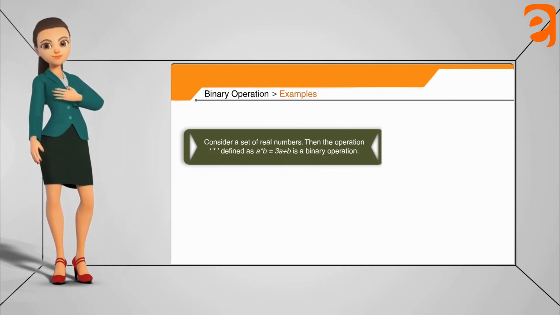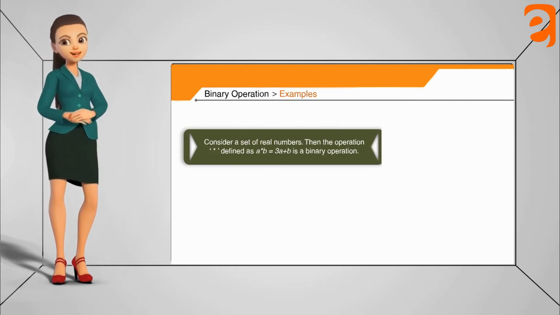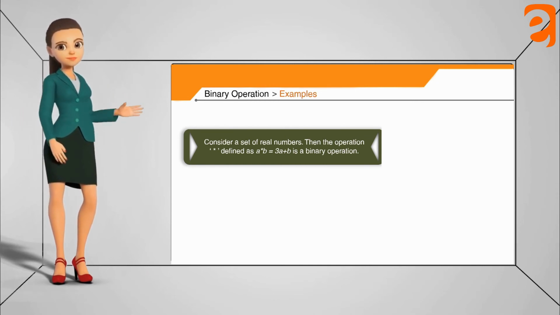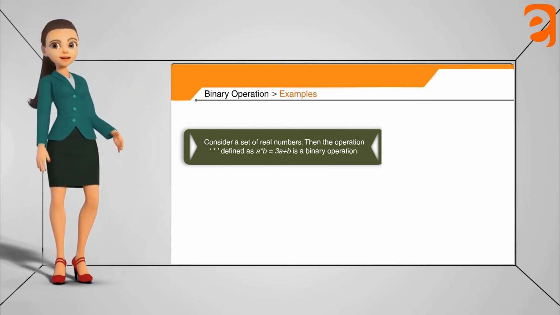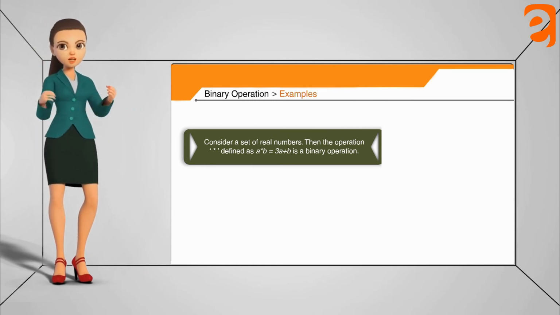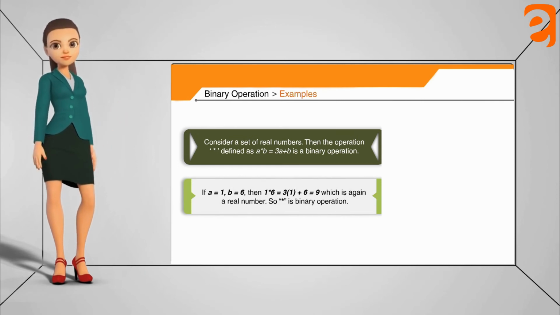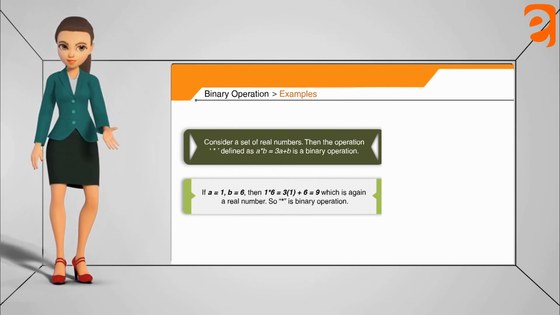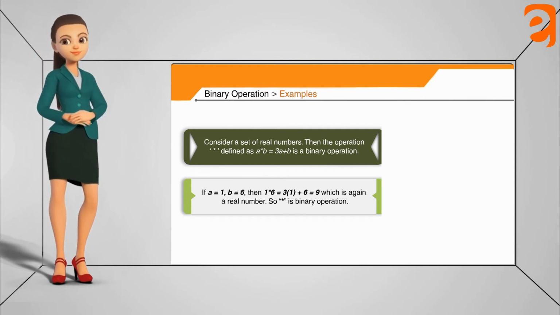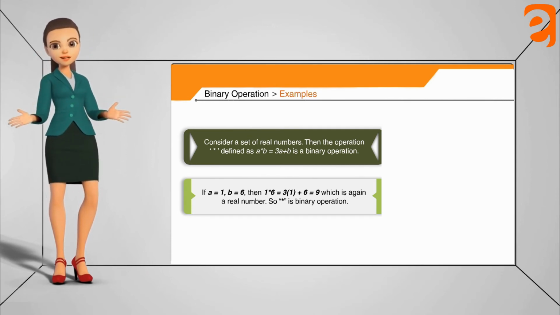Let's look at another example. Consider the set of real numbers, and define the operation a star b equal to 3a plus b. We will show that this operation defined on the set of real numbers is actually a binary operation. Consider the special case of a equal to 1 and b equal to 6. So 3 into 1 plus 6 is 9, which is again a real number.